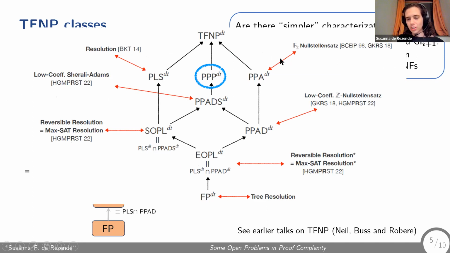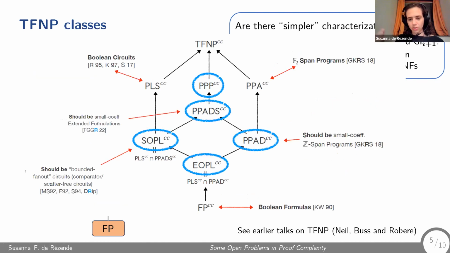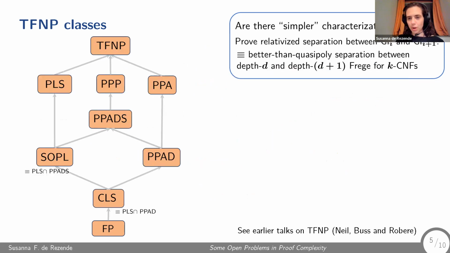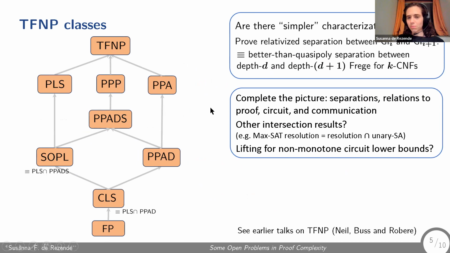And then there are other systems like Nullstellensatz, unary Nullstellensatz, that is Nullstellensatz with low coefficients, Sherali-Adams with low coefficients, and MaxSAT resolution. Similarly for circuits, there are also models which are related to these TFNP classes. So here we have several interesting open problems too. For example, can we complete the picture with regards to separations and these relations? There are several open problems there.